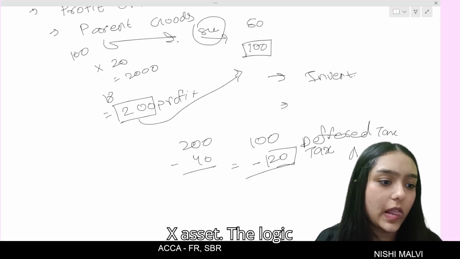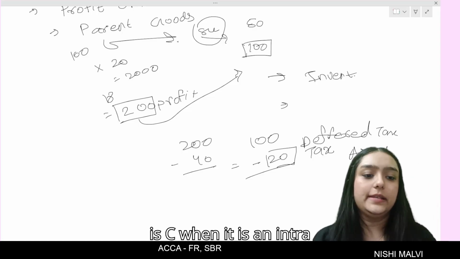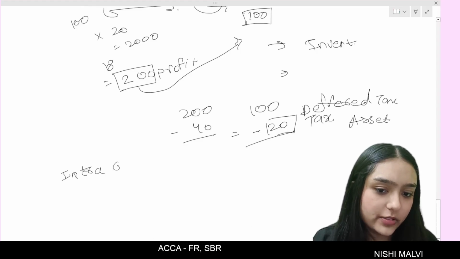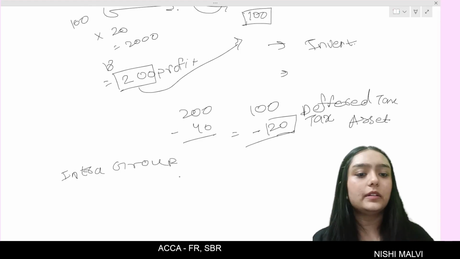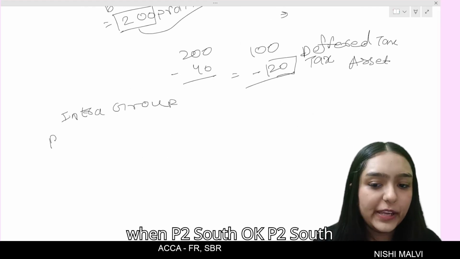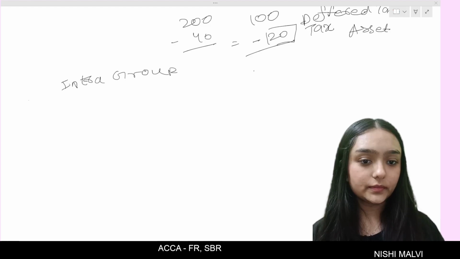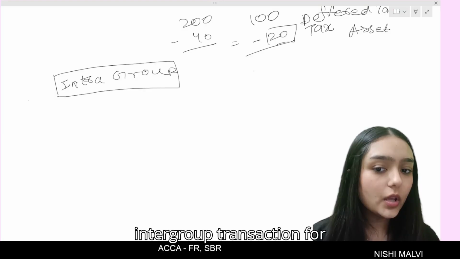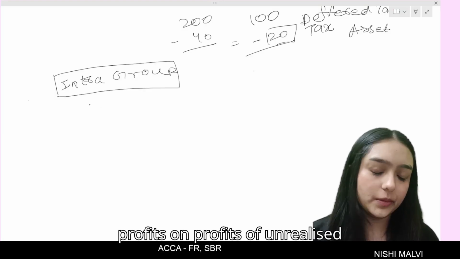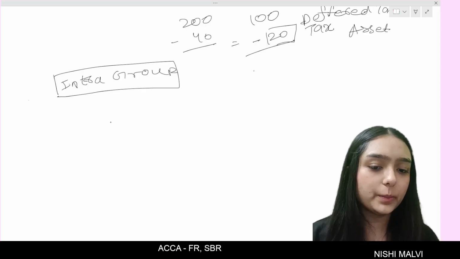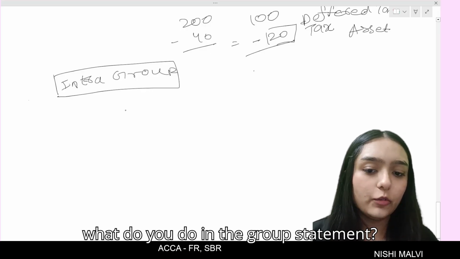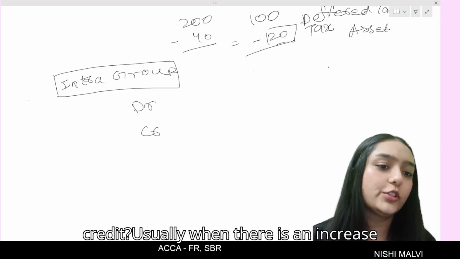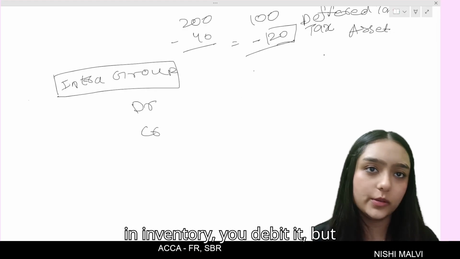The logic is, see, when it is an intra-group transaction, for unrealized profits, what do you do in the group statement? What is your general entry? Debit and credit. Usually when there is an increase in inventory, you debit it.